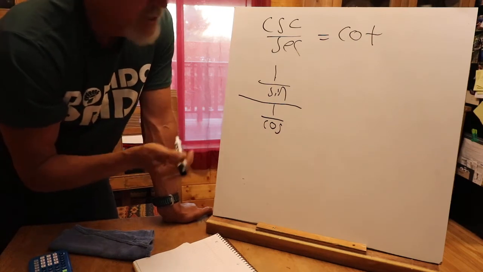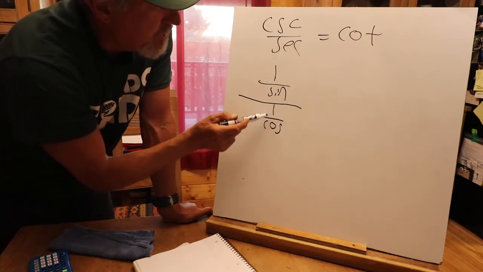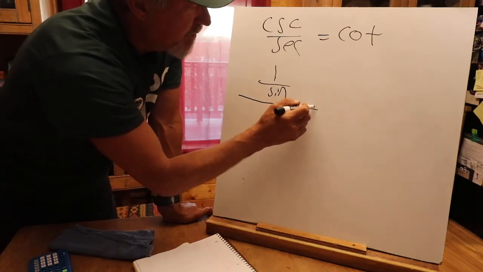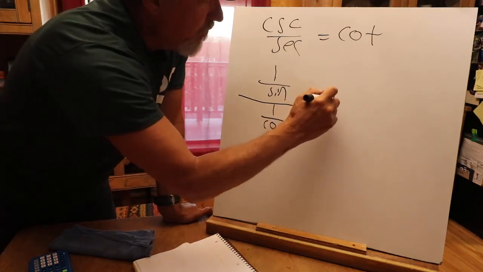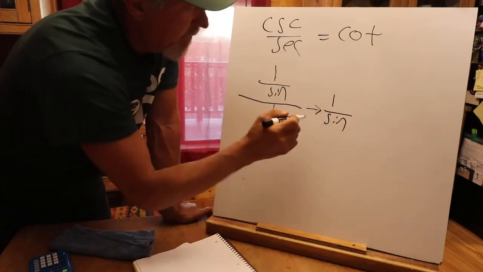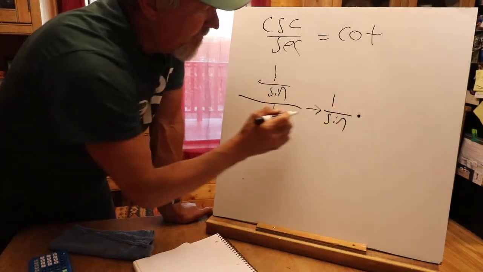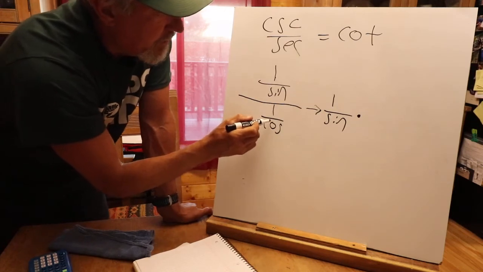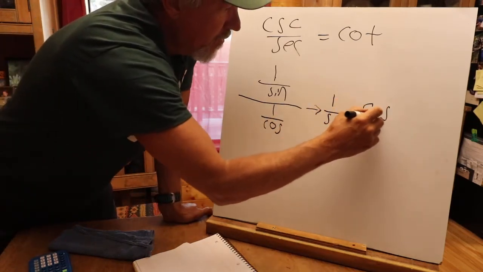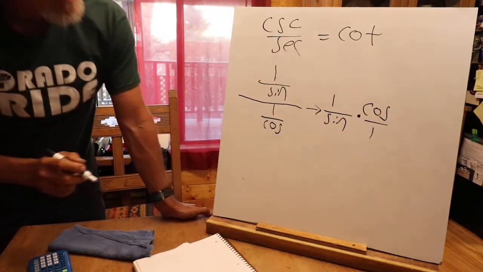Kind of ugly looking, so instead of dividing by 1 over cosine, I'm going to multiply by the reciprocal. So I'm going to change this to 1 over sine. That's the top. Instead of divide, I'm going to multiply times cosine over 1. I'm going to flip that over. Cosine over 1.